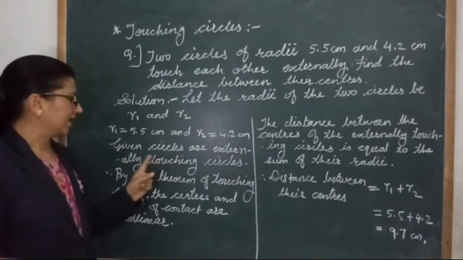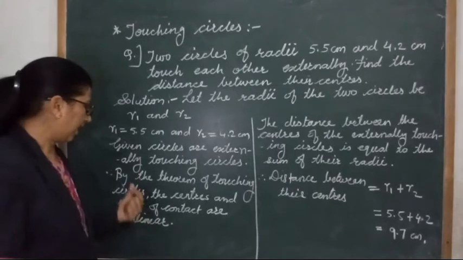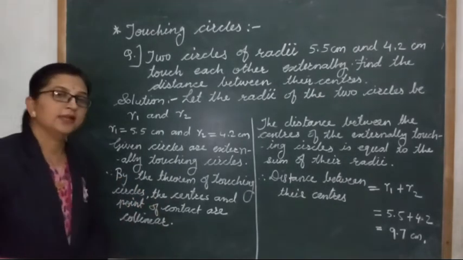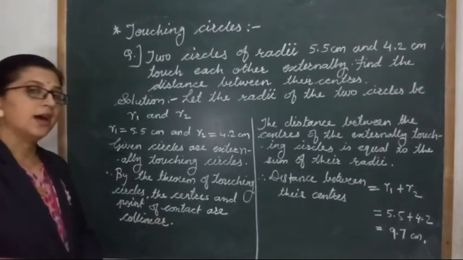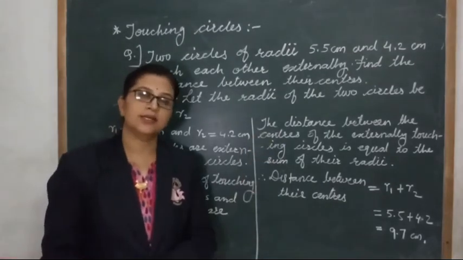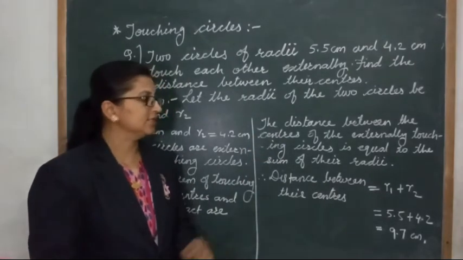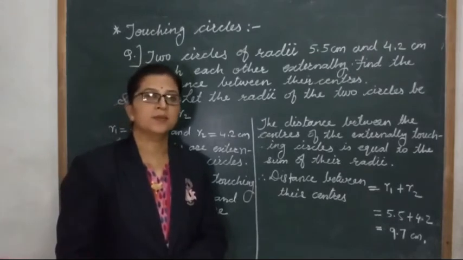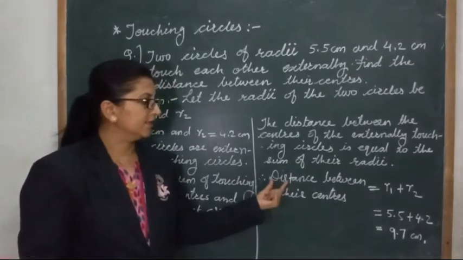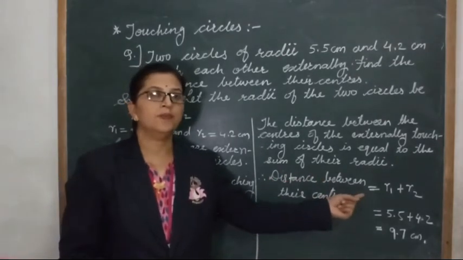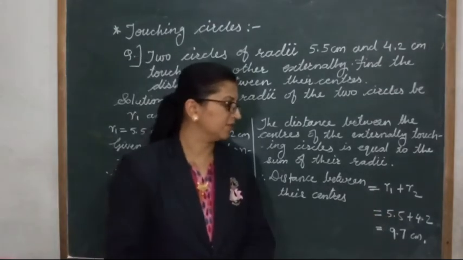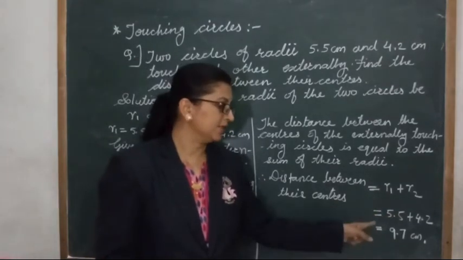Now, the given circles are externally touching, and therefore, by the theorem of touching circles, the centers and the point of contact are collinear. As the circles are externally touching, the distance between their centers is nothing but the sum of their radii. So the distance between their centers is equal to R1 plus R2, which is 5.5 plus 4.2, that is 9.7.